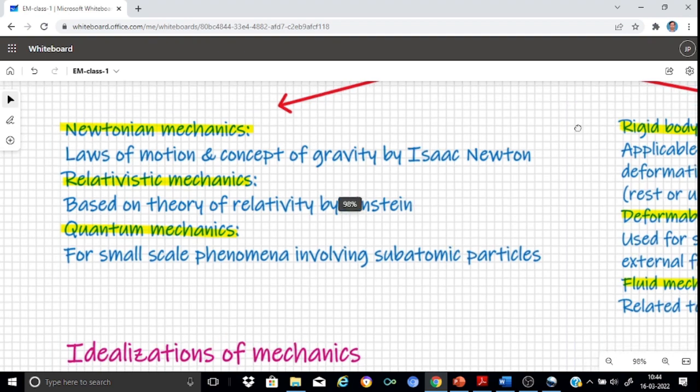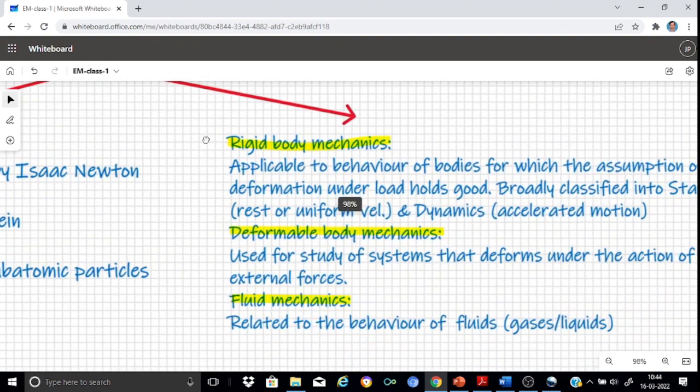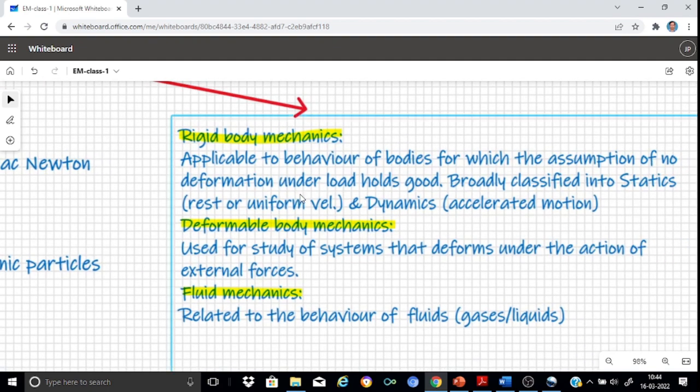Now, based on whether we are considering rigid bodies, deformable bodies, or fluids or gases, another classification of mechanics includes rigid body mechanics, deformable body mechanics, and fluid mechanics. We know that a rigid body is one which theoretically undergoes no deformation when subjected to forces.